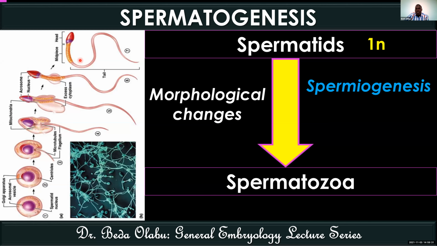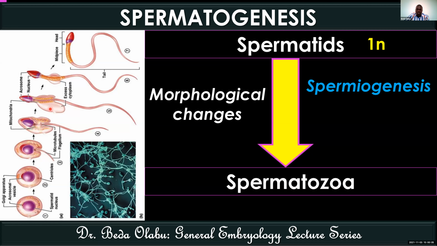What will spermiogenesis particularly entail? Let's look at this image to help us capture a few things that spermiogenesis entails. One of them is the shedding off of extra cytoplasm. So excess cytoplasm is shed off, and Sertoli cells help here to engulf that extra cytoplasm.